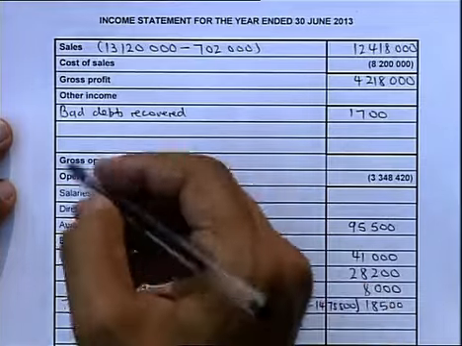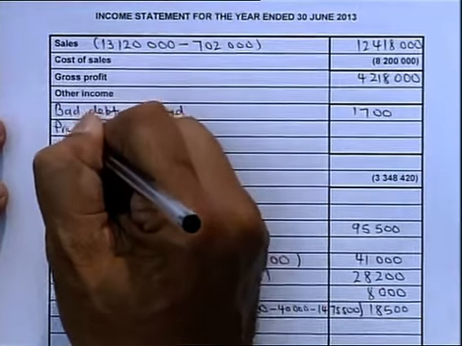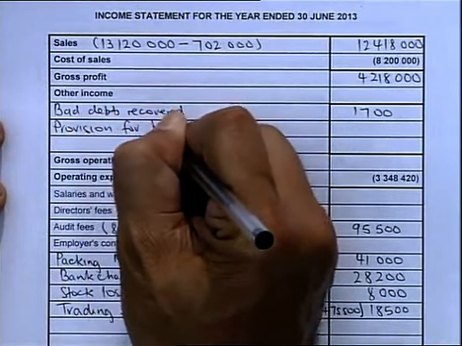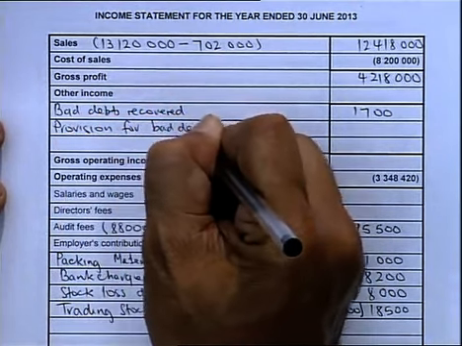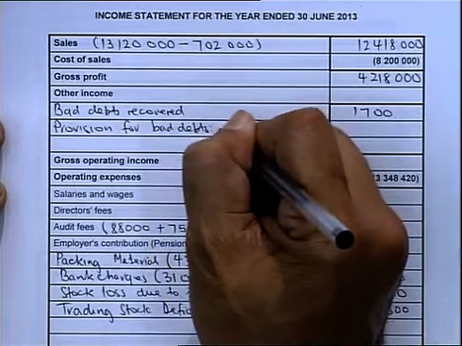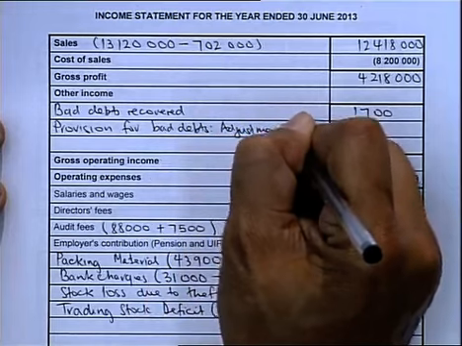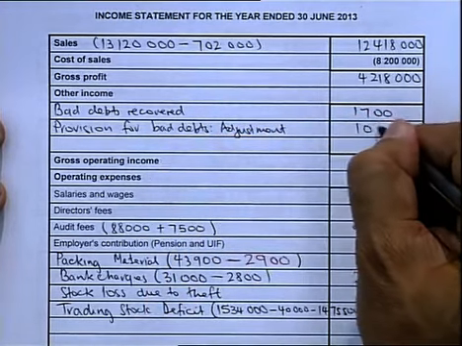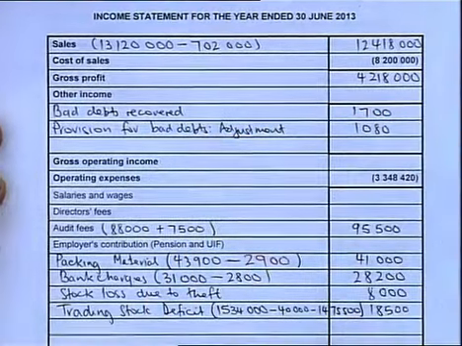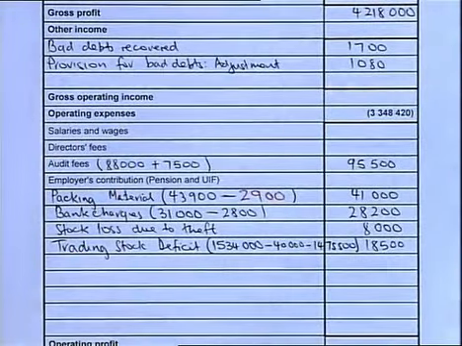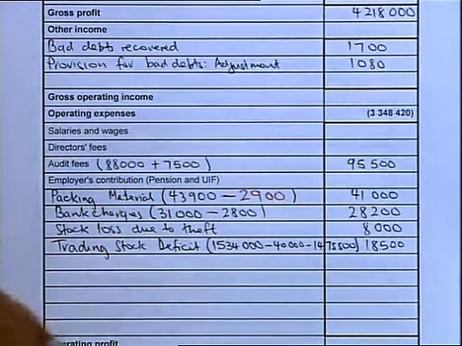The next income will now be provision for bad debts adjustment. That will be 1,080. Right, that takes care of adjustment number 7.